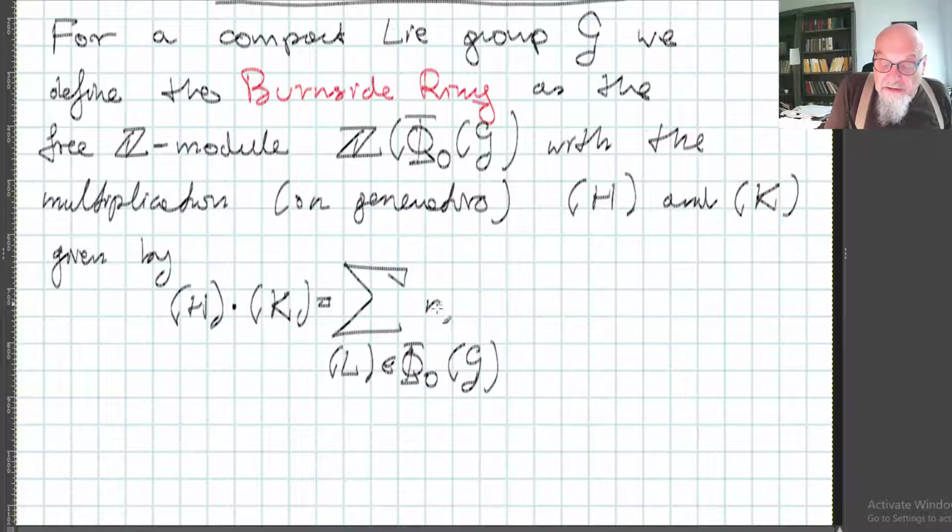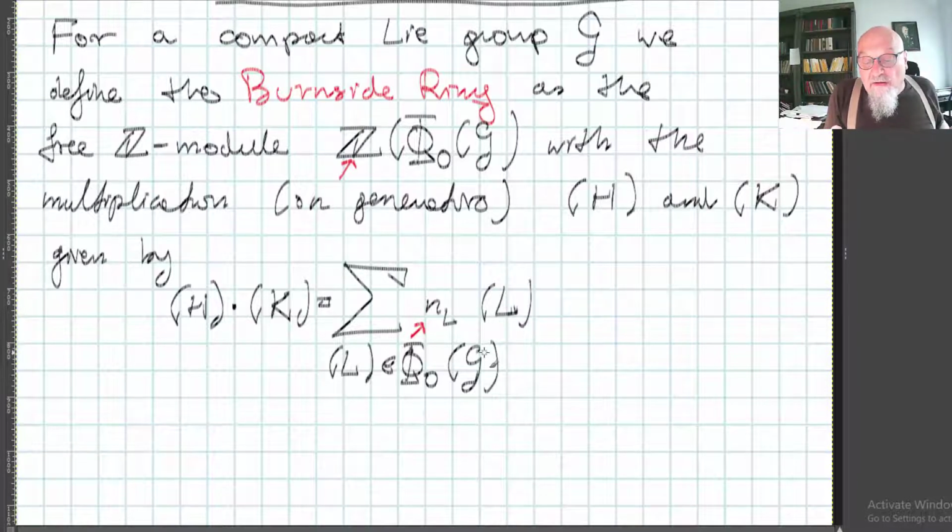So here we have an integer. That's the integer here. From here you see this is integer. That's a coefficient. So this is my NL. And then we have here the indicator, let's say, or standing by, this integer standing by the conjugacy class L.